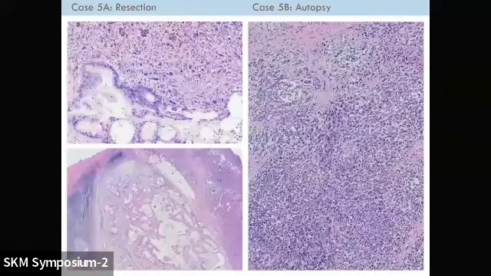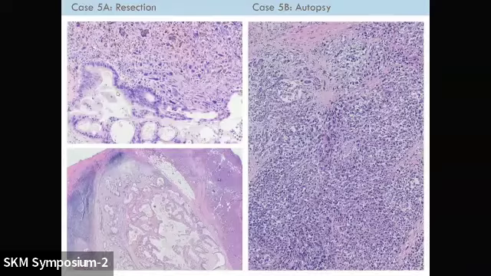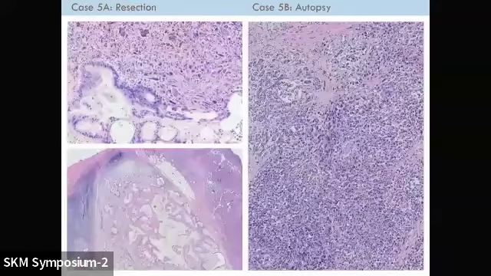This is the resection specimen, which actually showed 2 components. One is the component that we already identified in our cytological smears. This is the osteoclast-like component, and the other one is actually a conventional ductal adenocarcinoma. This is the component that we saw over here in the cell block that we ignored at that time.